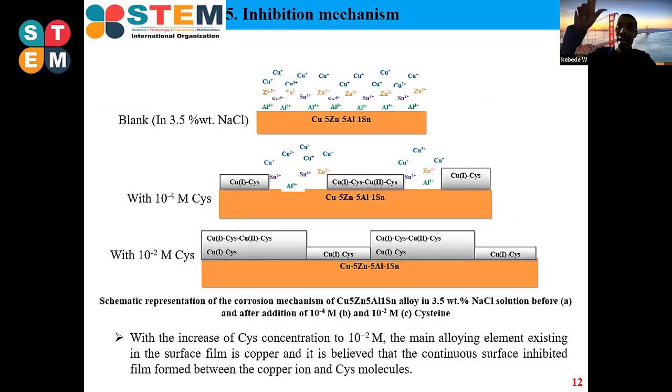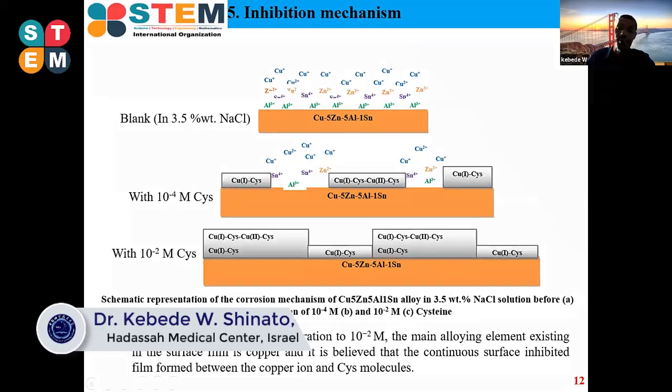So there is ion diffusion from the surface to the solution, and also from the solution to the surface, the oxides. So there is metal oxide. But in the presence of the highest concentration of cysteine here, there is a copper cysteine film. So we have seen in the XPS result.